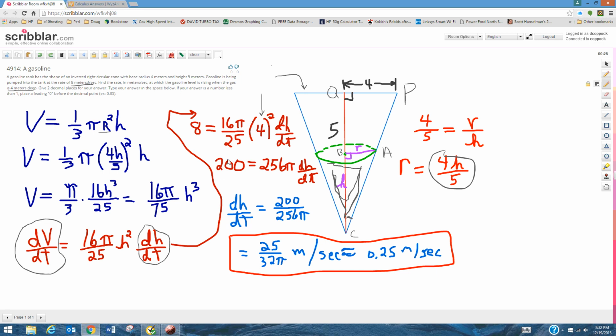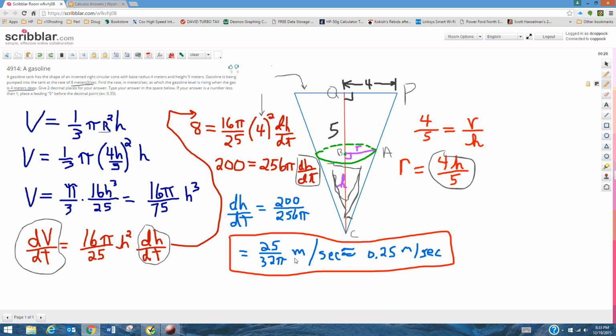Multiply this all out. I multiplied both sides by 25 to get 200 equals 256 pi times dH dt. Isolate the dH dt by dividing both sides by 256 pi. 200 over 256 pi reduces to 25 over 32 pi.